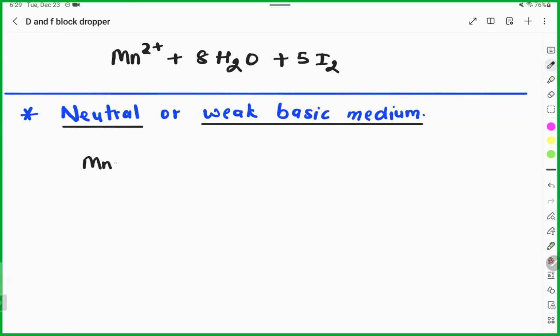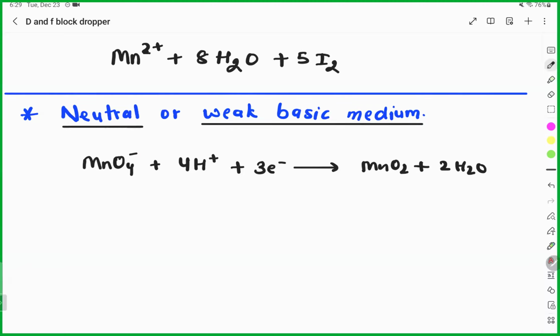You have MnO₄⁻ reacting with 4H⁺ and 3 electrons. It will produce MnO₂ plus 2H₂O. Is this correct? Any doubt?